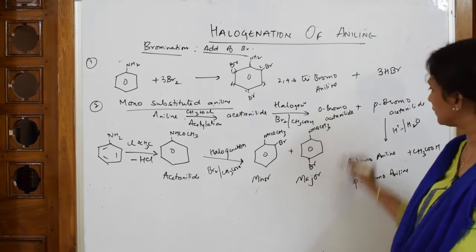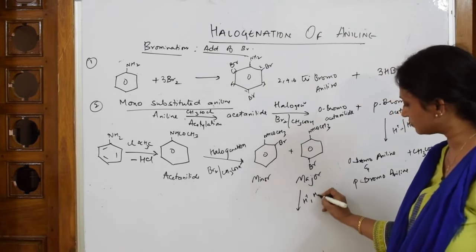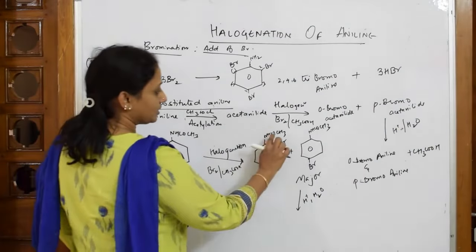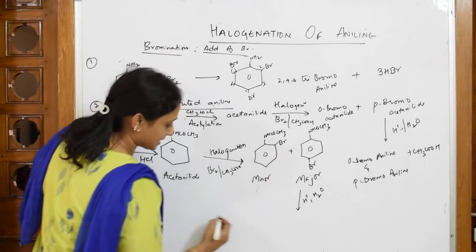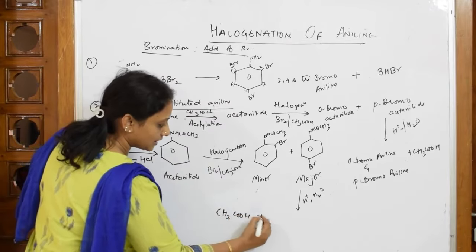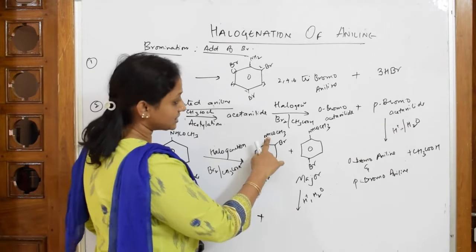Now further, what do we do? They are going to hydrolyze this, H plus water. When you're hydrolyzing it, observe carefully, this comes out as acetic acid, CH3COOH. Now left over, NH is here, NH is here.